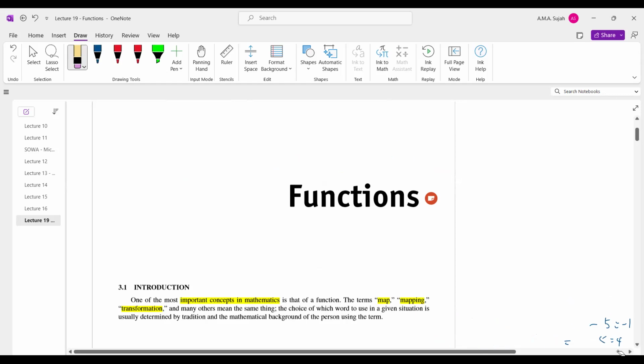So we are using these functions in all places, right? So just imagine we have a function that defines the velocity, right? So for velocity, we have an equation, right? The distance over time, right?